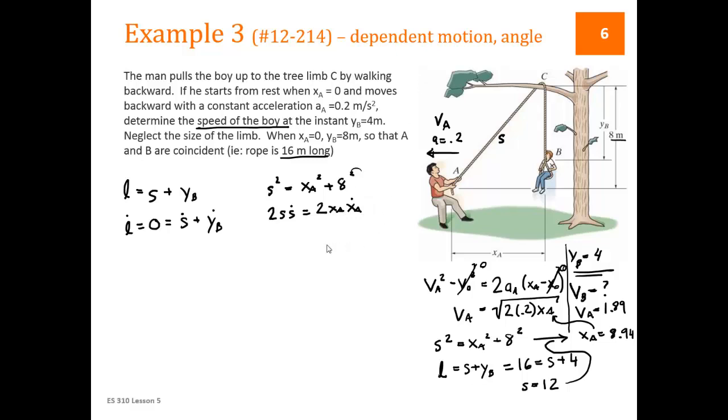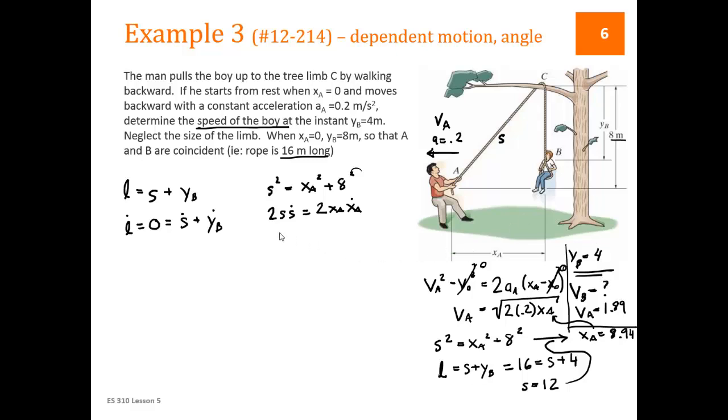Okay, so then we have, do we know S? So this is general. Now we have this specific situation over here, where YB is 4, VB is what we're looking for, VA is 1.89.